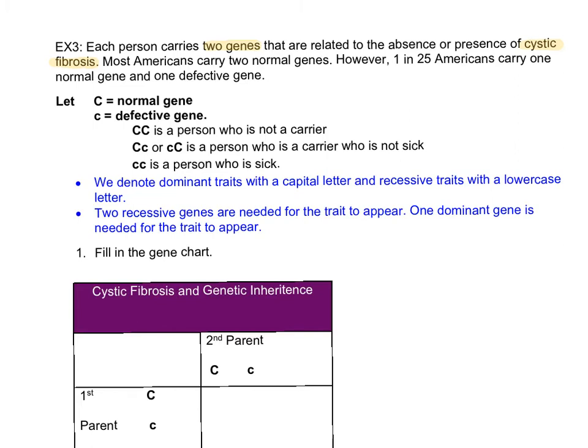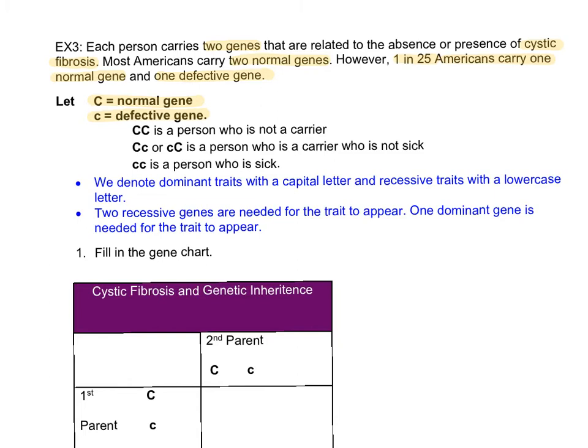So most Americans carry 2 normal genes. 1 in 25 Americans carry 1 normal gene and 1 defective gene. The normal gene is going to be a dominant gene, and that's going to be our capital C. The defective gene, which would be the presence of cystic fibrosis, would be the little c. So it's recessive.